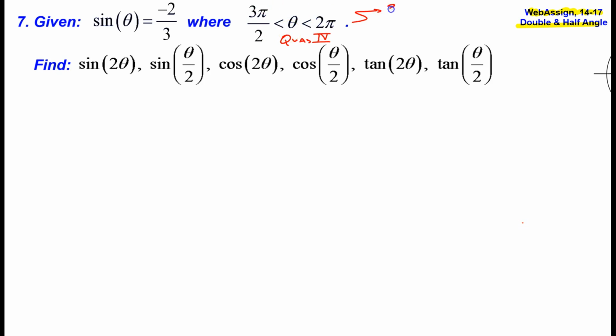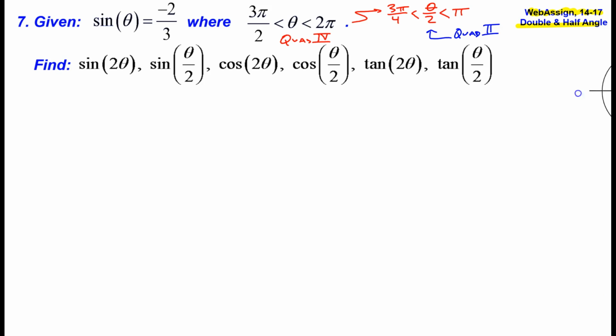That's going to give me 3 pi over 4 is less than theta over 2, half of theta, which is less than half of 2 pi, which is pi. So that puts theta over 2 in quadrant 2. Okay, and what does that do for us? Well, we know that the cosine in quadrant 2 is negative and the sine in quadrant 2 is positive.